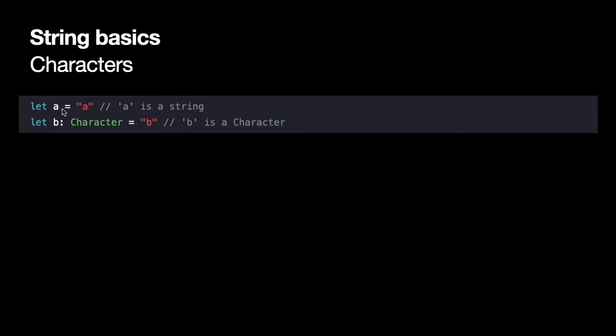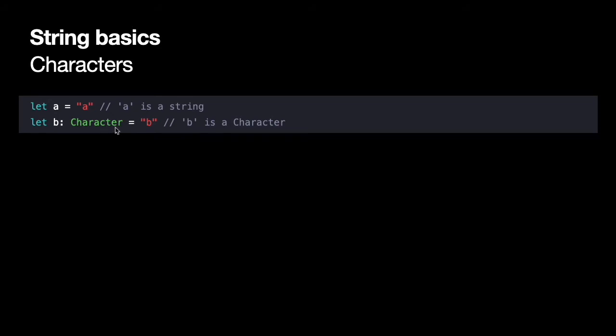Here we initialize a constant a, and we're using a string literal which has only 1 visible letter in it. And a is inferred by the compiler to be a string, even though there is only one character here. A character is a different type, which only has 1 character in it.